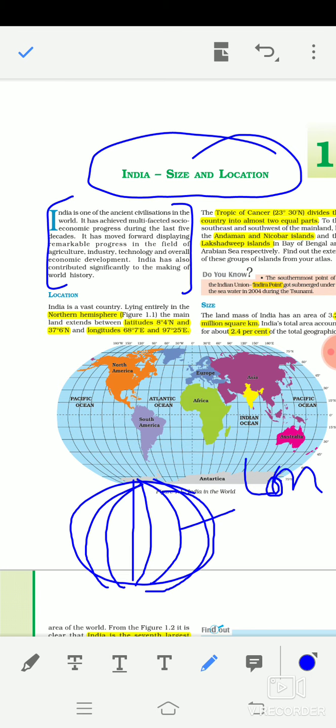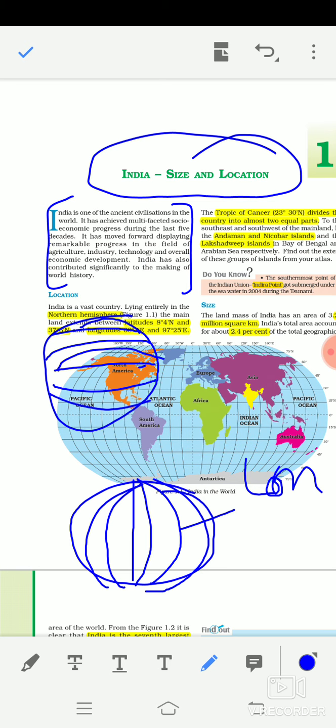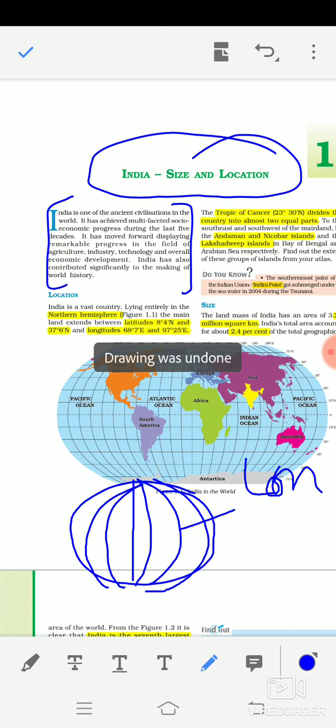Then a few lines you will see on the globe in this way. These are the latitudes. This is the basic thing that you have already read in your 6th and 7th classes.